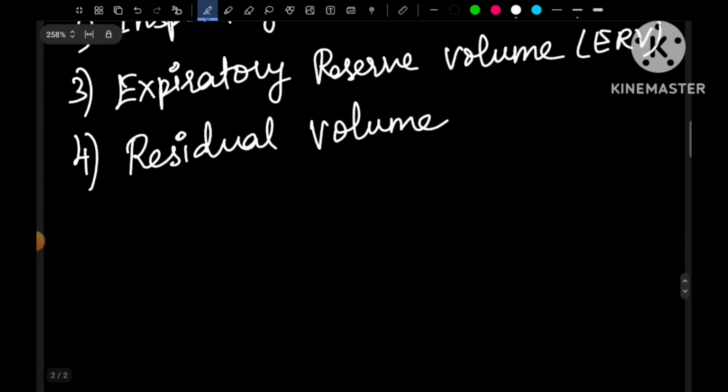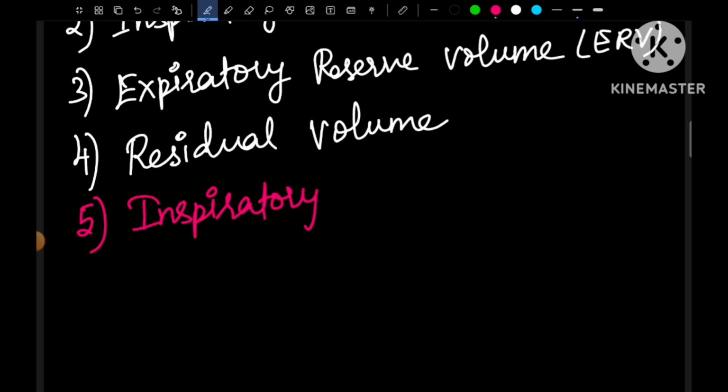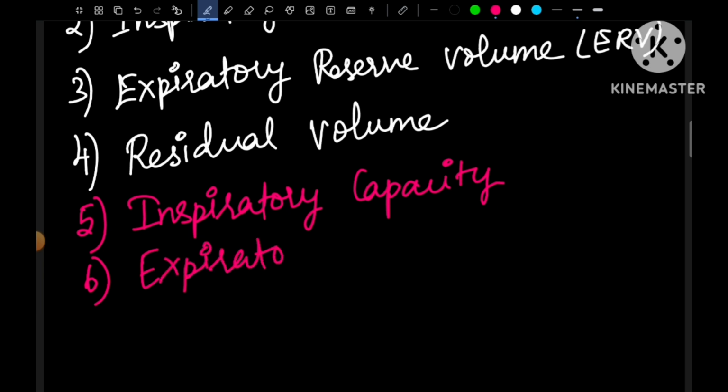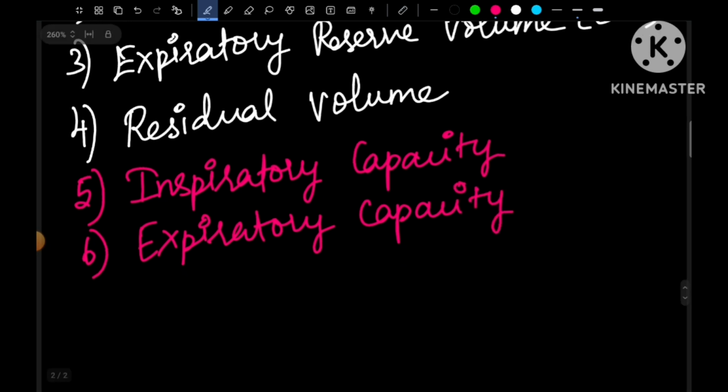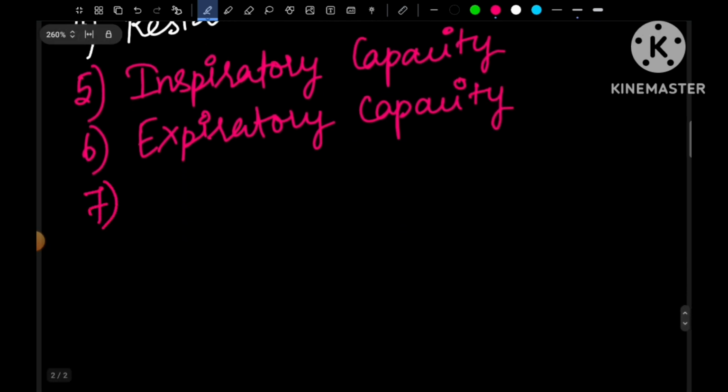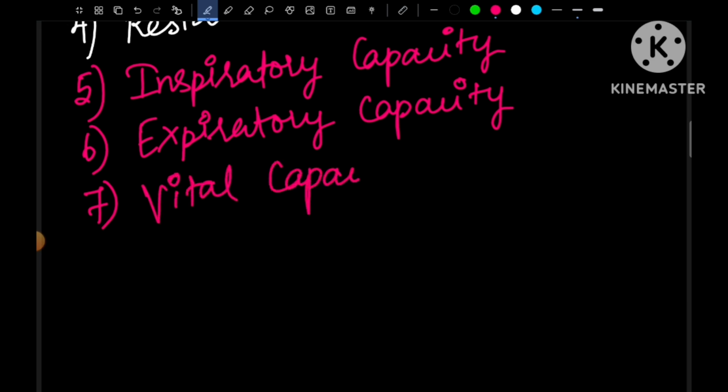Next, the combined volumes. I might write them in a different color. What are they? First, inspiratory capacity. Next is expiratory capacity. Next, vital capacity.